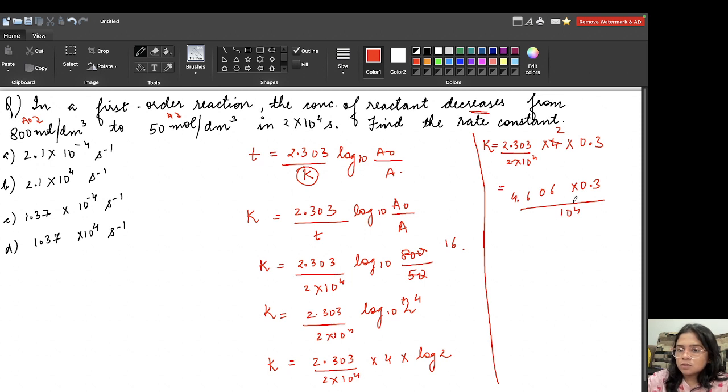That gives 1.37 into 10 to the power minus 4. This thing will be the answer, right? So this is how you do the questions. If you have understood zero order reaction, first order will be quite easy because you know all the formulas. Everything will be formula based.